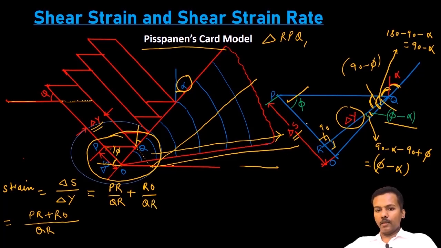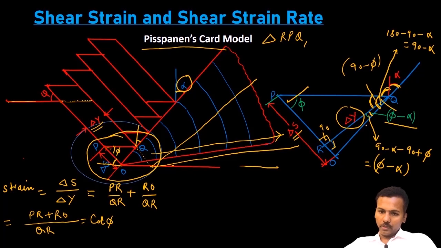Now PR upon QR, that means delta Y, equals cot phi. So we can write this as cot phi, and here we need to take into consideration the angle phi minus alpha.